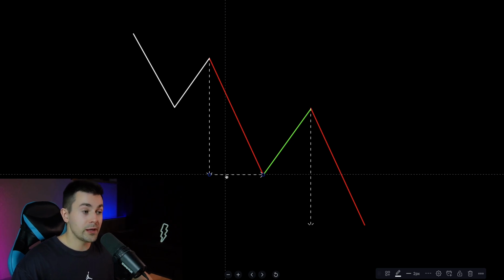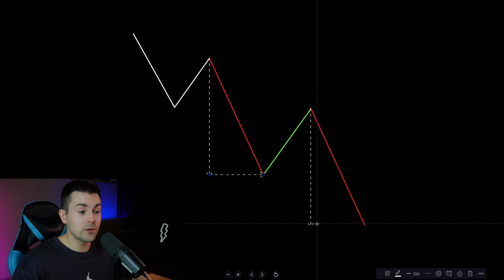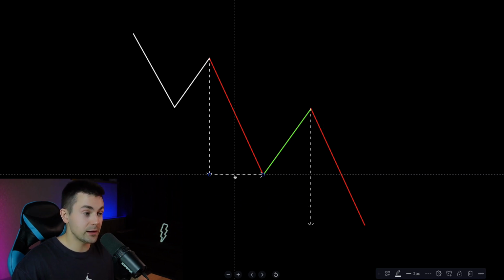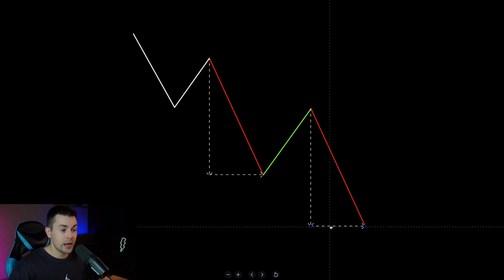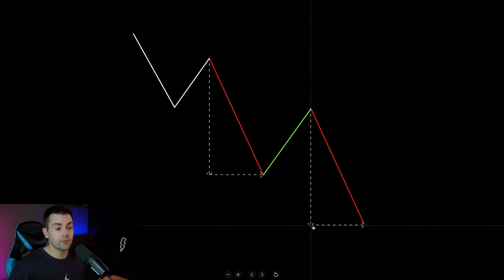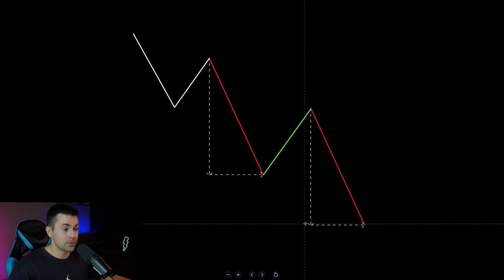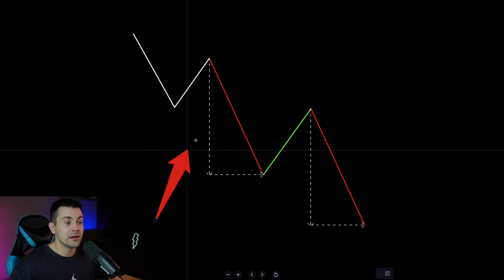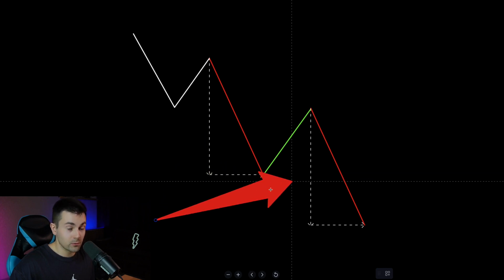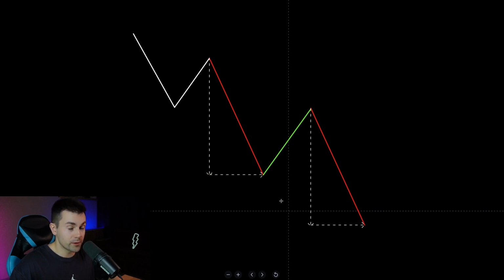And then our task will be to compare the time horizon of that impulse to the time horizon of the second impulse. So we simply copy that line and we drop it from the completion point of the length of the second impulse. And you can see that these two impulses have the same length, right? And the same time horizon.